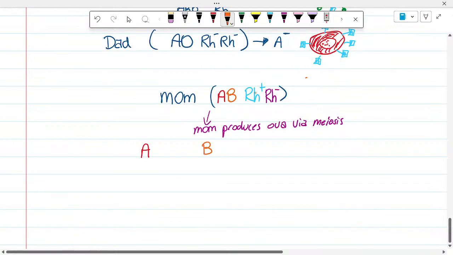But it will also either have her Rh plus, or it will have her Rh minus. But listen, does the A have to be with the Rh plus? What else could the A be with? The A could also just as easily be with the Rh minus. And does her B have to be with the Rh minus? No, it could just as easily be with the Rh plus.